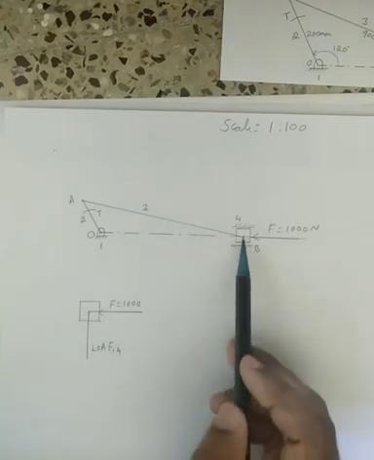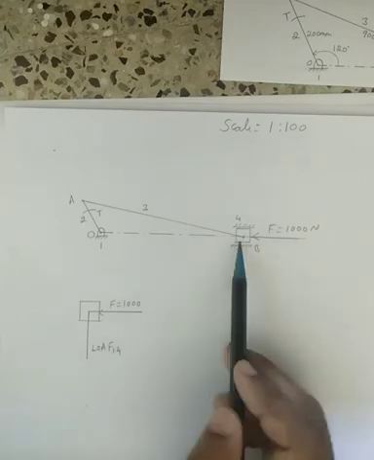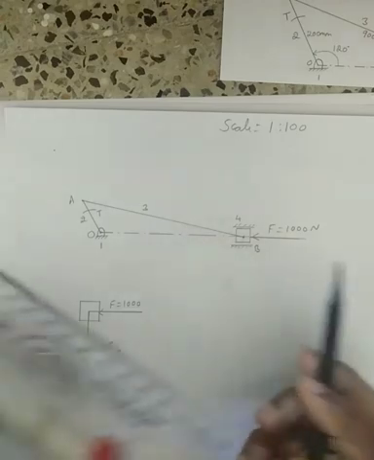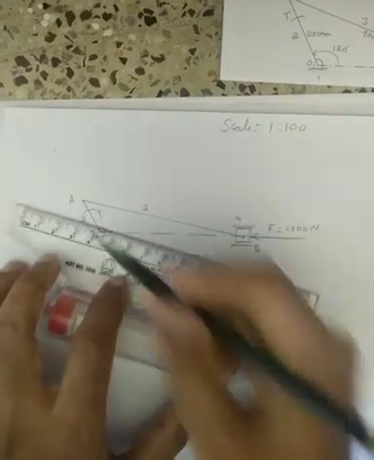So three forces are active. One is the applied force, F14 from link 1, and F34 from link 3. F34 will act along the line AB.